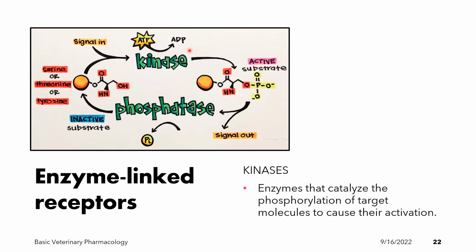So when there is phosphorylation of a particular molecule, it makes that particular substrate activated. The opposite is true for the action of another enzyme, the phosphatase. The action of this particular enzyme will inactivate that particular molecule or substrate.